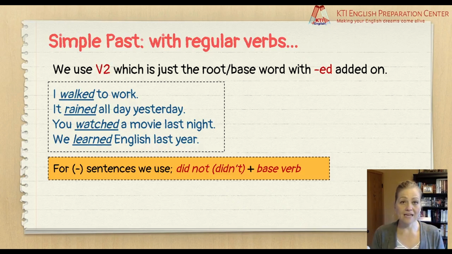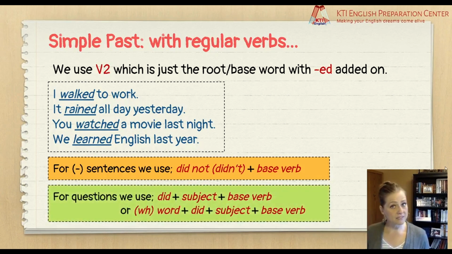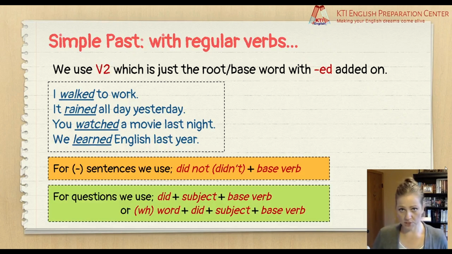So for negative sentences, we're not using verb 2, we're using the base verb or the root word again. For questions, we don't use verb 2, even though we're talking simple past. We use did, and then the subject, did he, did you, did they, and then the base verb again. So, for example, walk.